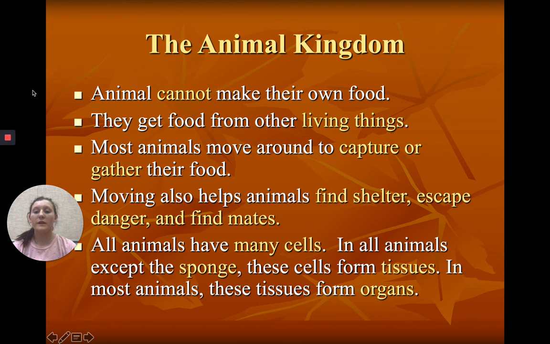Moving also helps animals find shelter, escape danger, and find mates. All animals have many cells. In all animals except the sponge, these cells form what are called tissues. And in most animals, these tissues then form larger organs.